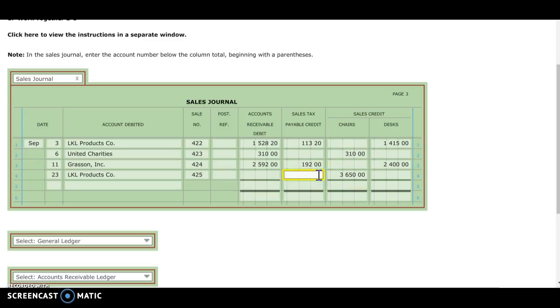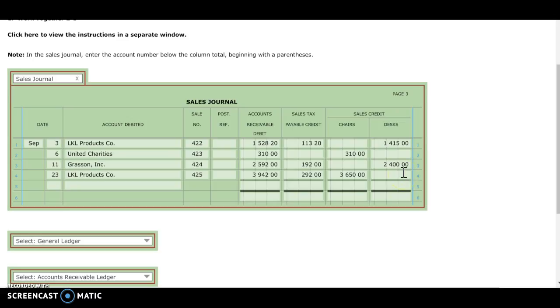I need to figure out then my sales tax, which will be $292. Add those two together to figure out how much they owe us. $3,942 it will be a debit to that account.